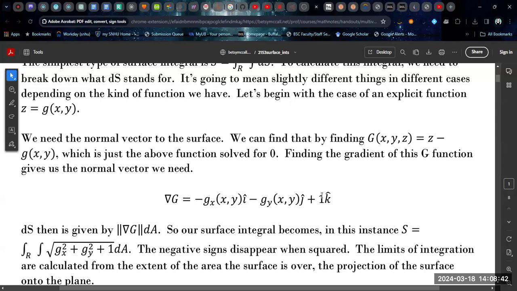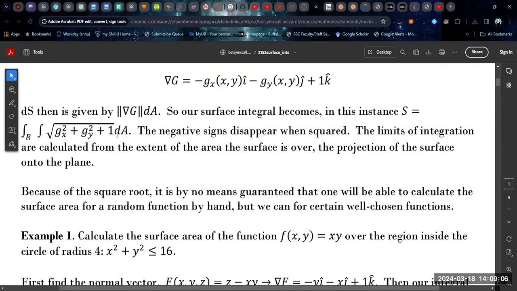And so I've chosen an orientation that will be most likely to be consistent with those other problems that we're going to do. But when you put this into your essentially arc length formula, the magnitude of your gradient vector, all of these negative signs are going to cancel out. So in this context, it doesn't matter the orientation, but this is oriented upward.